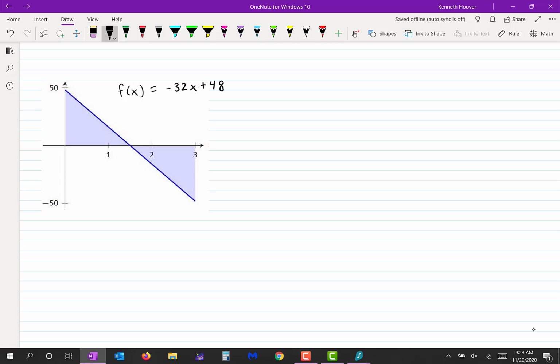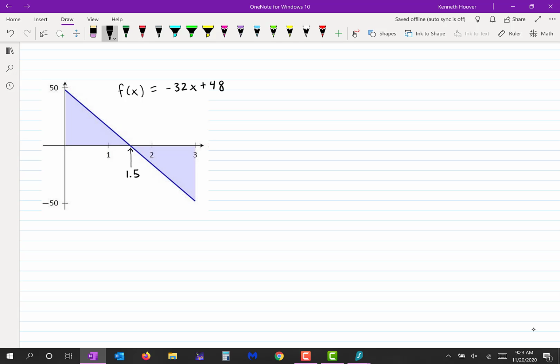Okay, now let's calculate a few definite integrals. We can do this without any special knowledge because it's just going to involve areas of triangles. Okay, this intersection with the x-axis, by the way, in case you can't tell, that's at the number 1.5.